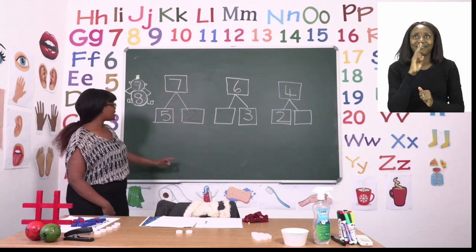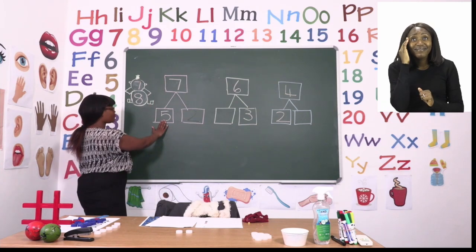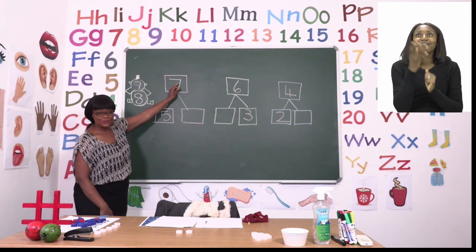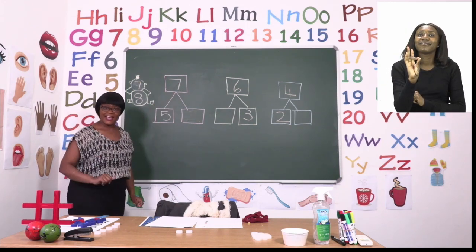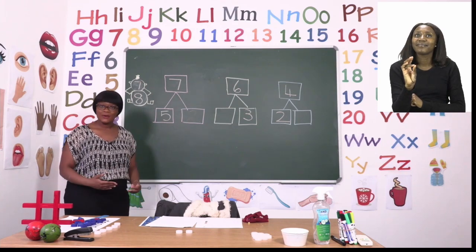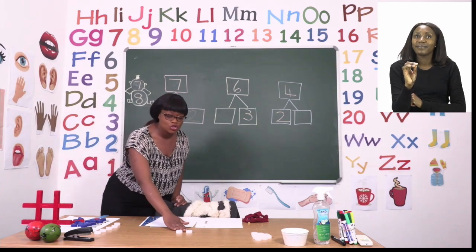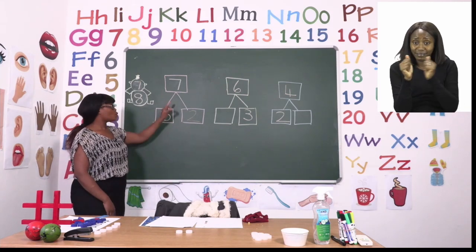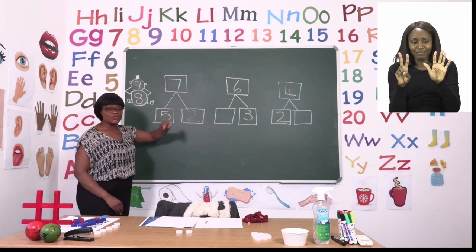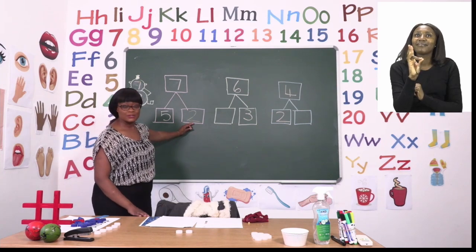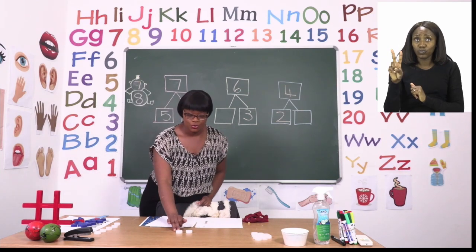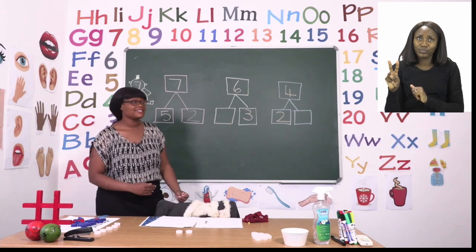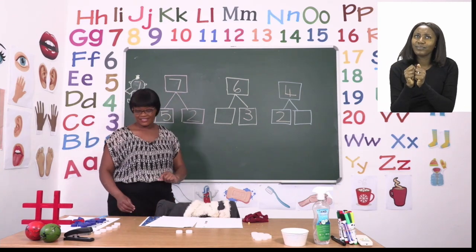Now we know that if you put 5 and 2 together, they will add up to 7. Let's check by doing it the other way. Now we already have 2. So if we add 5 more, we should get 7. So what we say is that 2 is already there. 1, 2. Then we are going to count and add more counters until we get to 7.